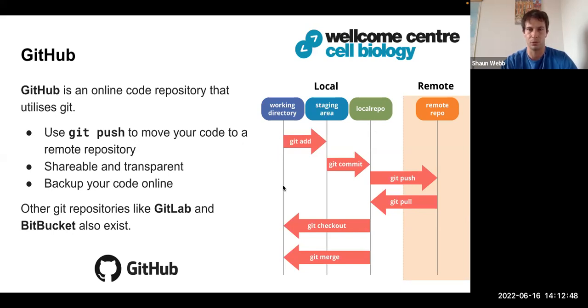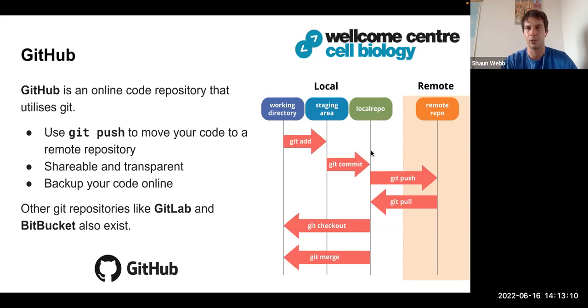So just in this diagram here, if you think about it, your working directory is where you're working on your code. When you make changes to a file, you can add those to a staging area. Once you have maybe multiple files where you've made changes, then you can commit those changes to your local repository.